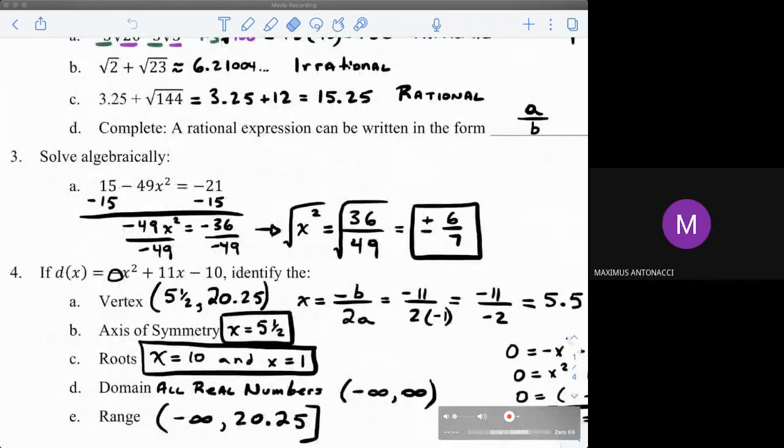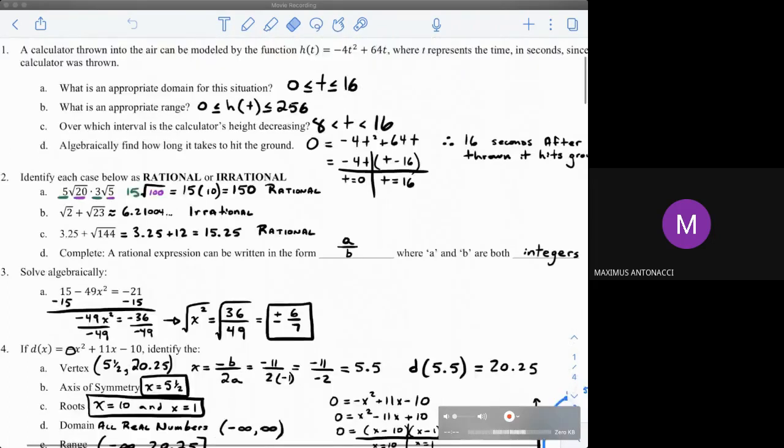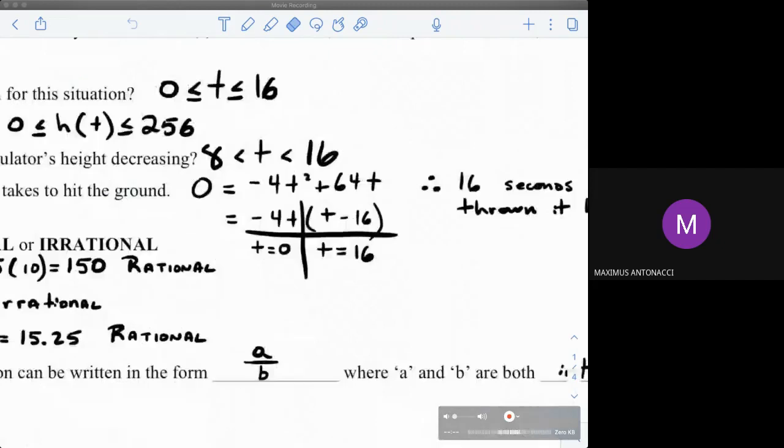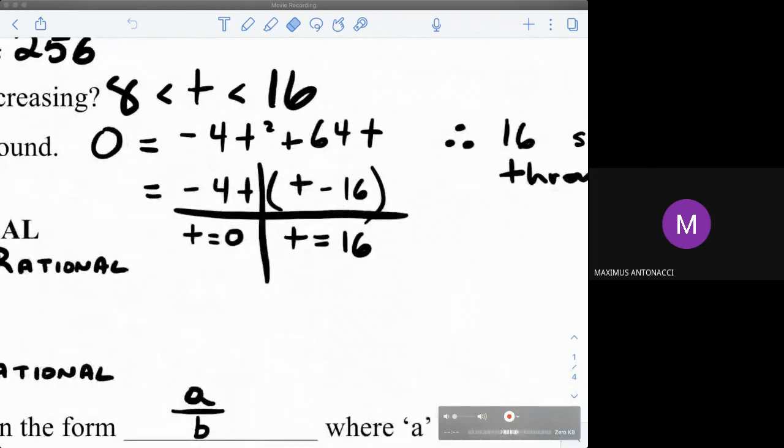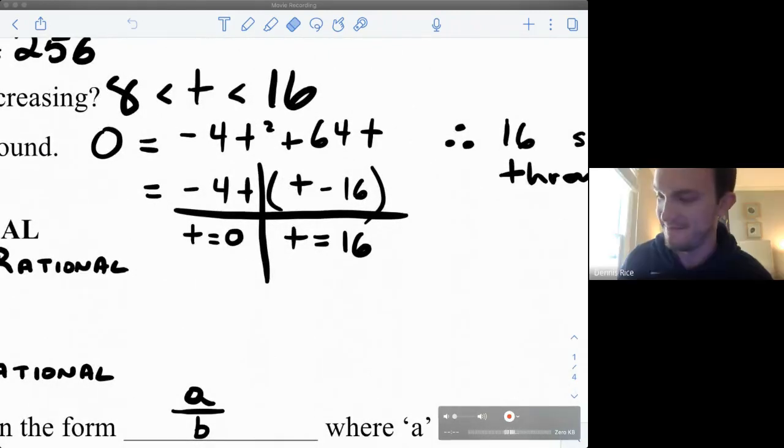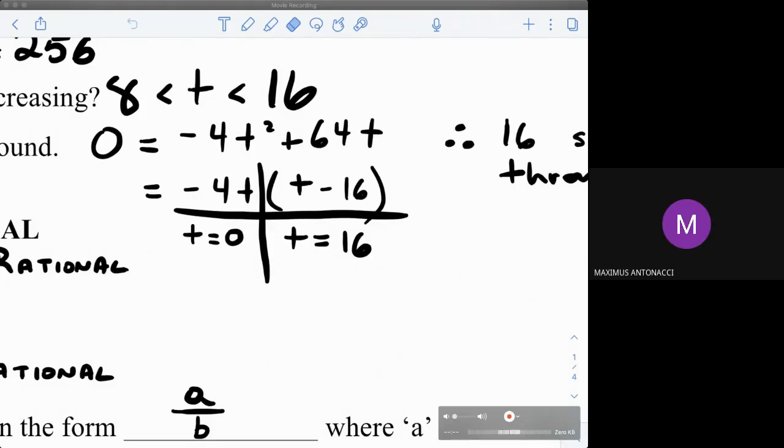For 1D, I'm not really sure how you got in the T-chart the open parentheses T minus 16, and also you got rid of the squared sign by the T near the 4. Could you explain?